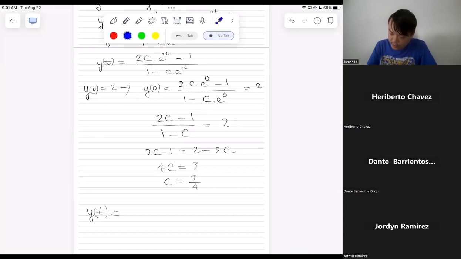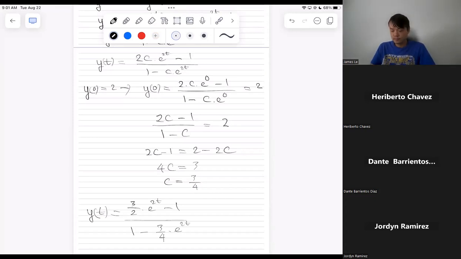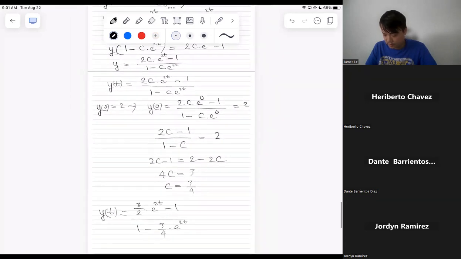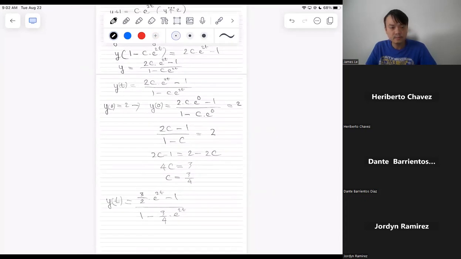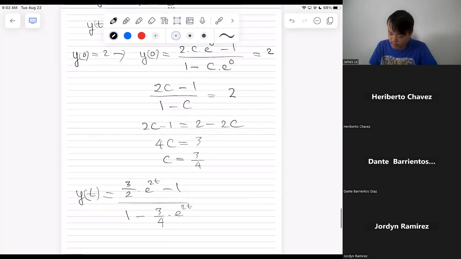So you have 2 times 3 over 4, which is 3 halves, times e to the t minus 1, over 1 minus 3 over 4 times e to the t. This one is the solution, the final answer.